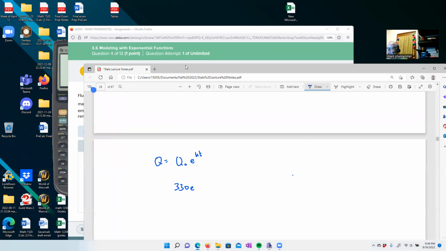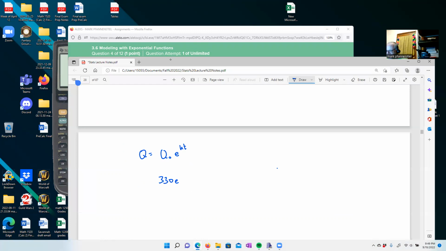So we have 174k, since t is in minutes, it's 174 minutes. And they want 1/3 of that on the other side. That's going to be 110, 1/3 of the original dose.